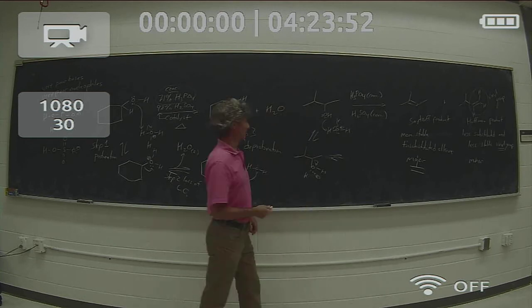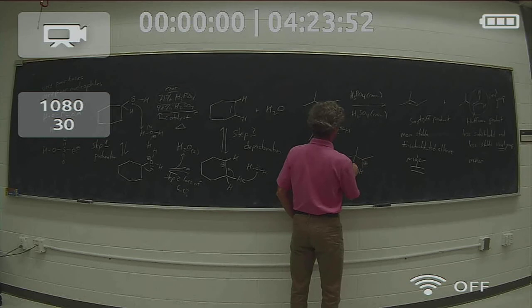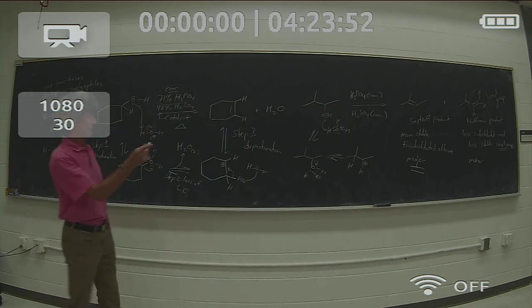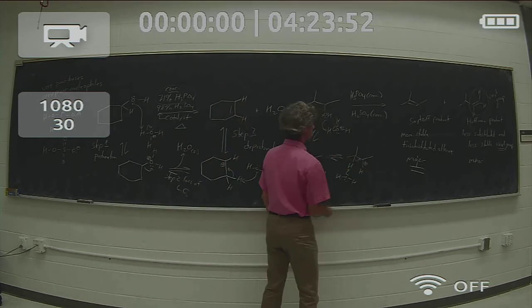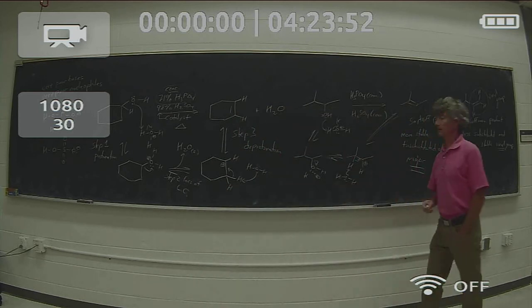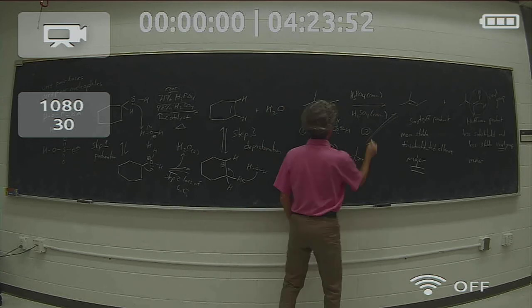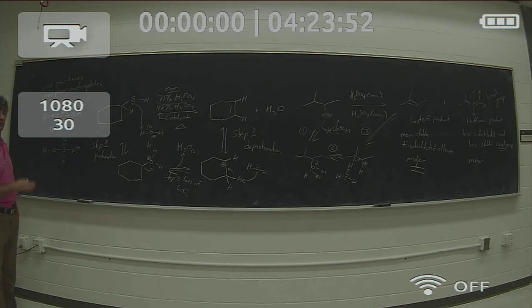For those 2 steps, nothing changes. And we generate a secondary carbocation. If water comes in from the tertiary position, we would now get the product that we expect in the third step. That mechanism is identical to the mechanism shown for the cyclohexanol.